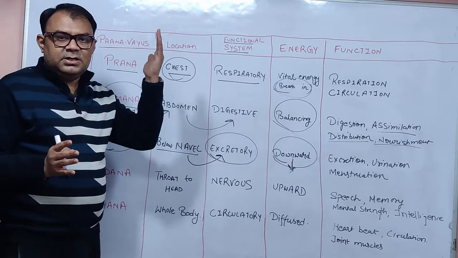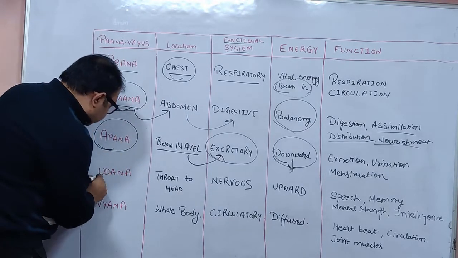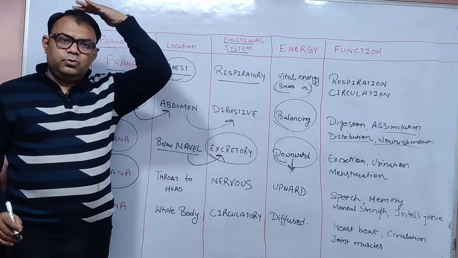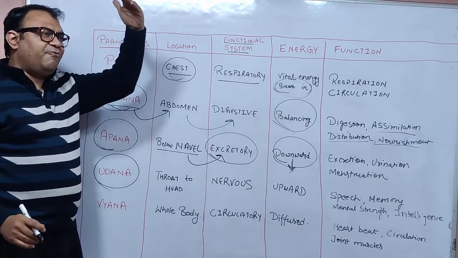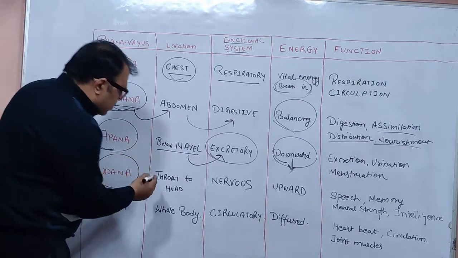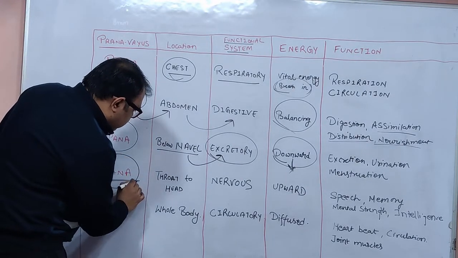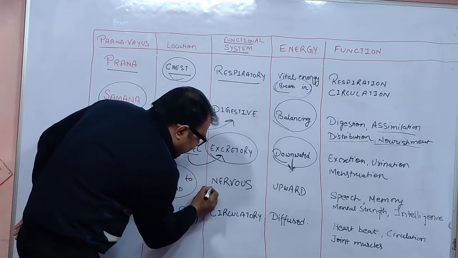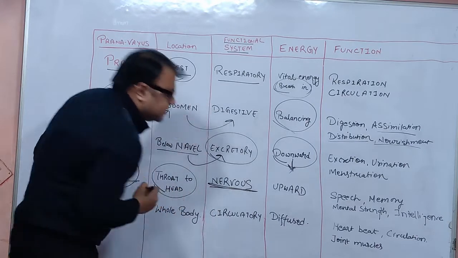The head region. So let us come to the head region. The region from the throat to the head has an upward movement. The vayu is called Udana, the location is throat to head, and it controls the whole nervous system.